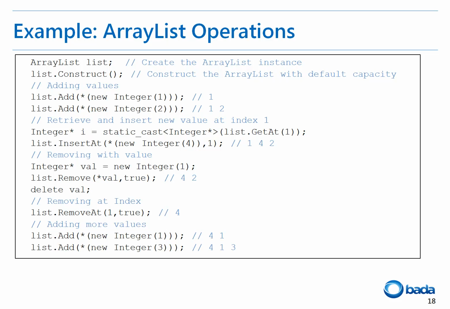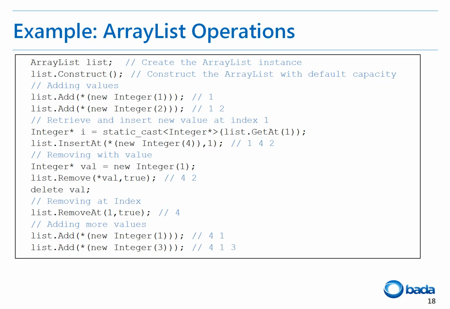In line 1, we are instantiating the ArrayList object list. In line 2, we construct the list with the default capacity. In lines 4 and 5, we're adding two integer objects with values 1 and 2 respectively, resulting in the list holding the objects' addresses with values 1 and 2. In line 7, we retrieve the object at index 1. In line 8, we insert one more integer object with value 4, resulting in the list holding the objects' addresses with values 1, 4, and 2.